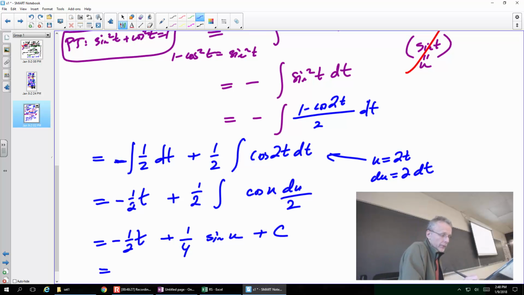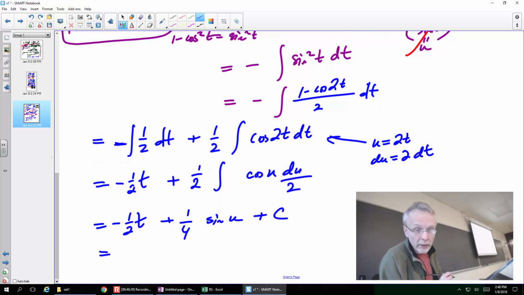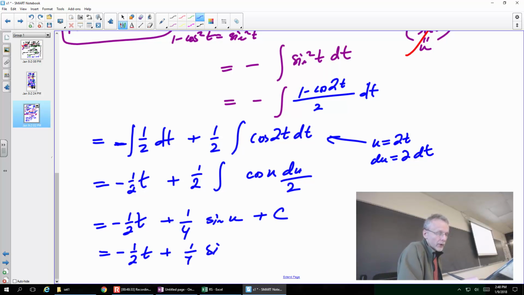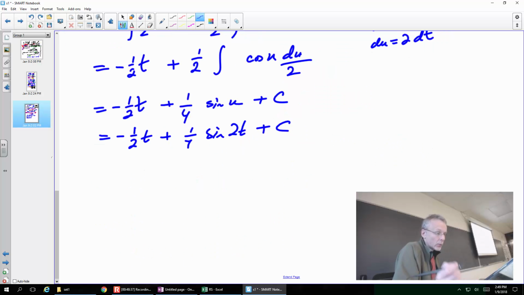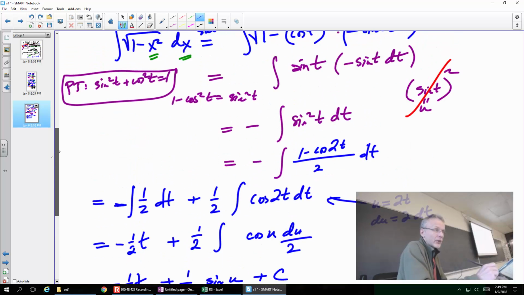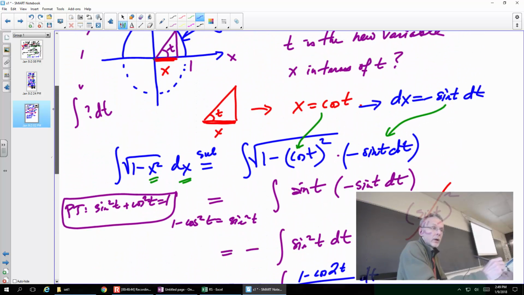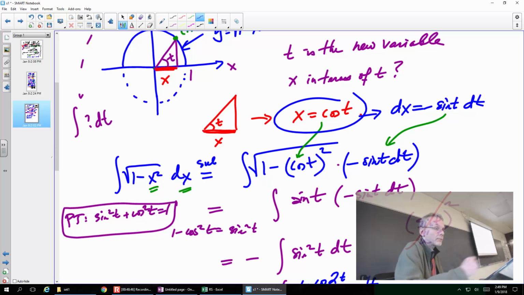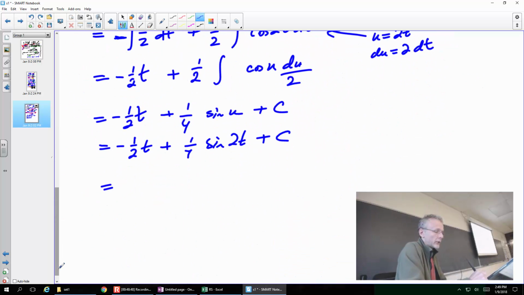So the first step in that direction gives me, this is still the same, 1/4 sine 2t plus c, and yet one more substitution: remember, x is cosine t. So I do back substitution. I have negative 1/2 cosine t, and here it is.